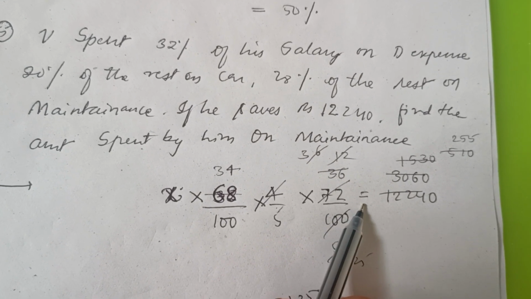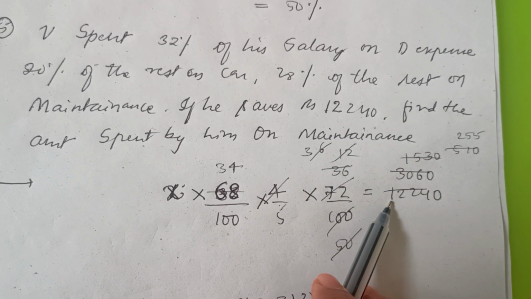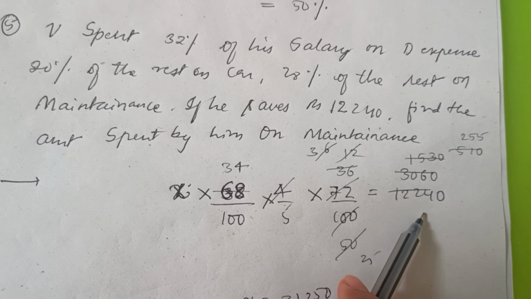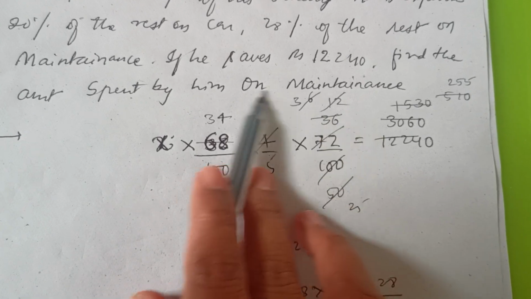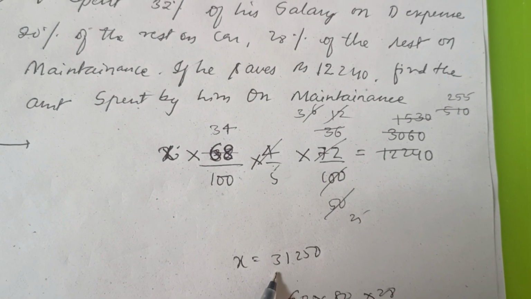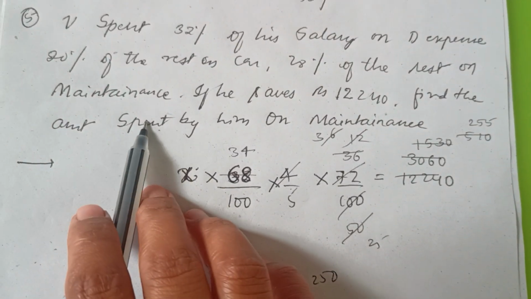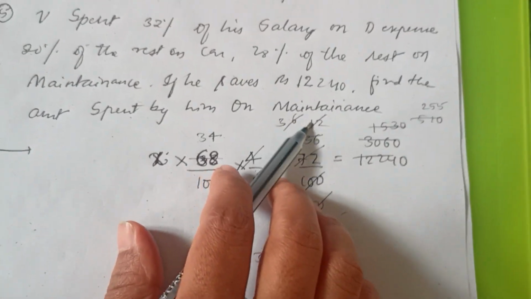That will be equal to 12,240, because he saves 12,240, which is the remaining amount. After simplifying all this, I will get the value of x as 31250. And they asked what was the amount spent by him on maintenance.